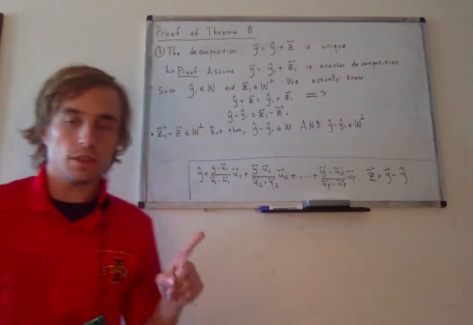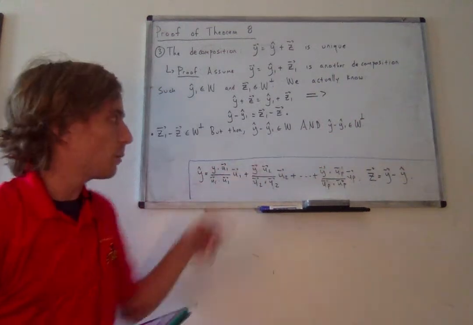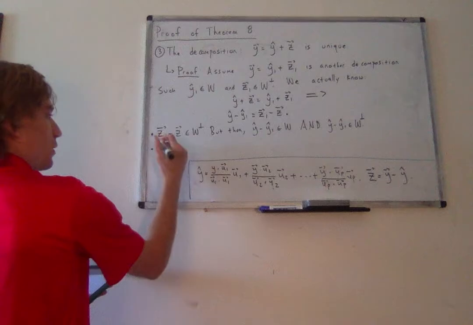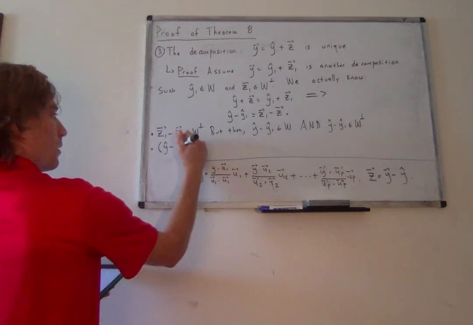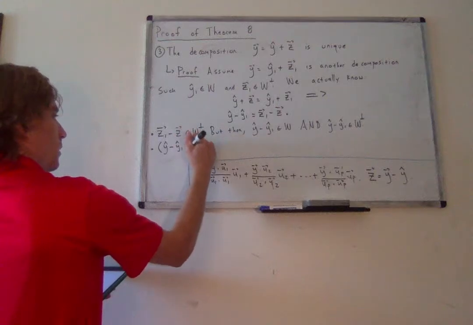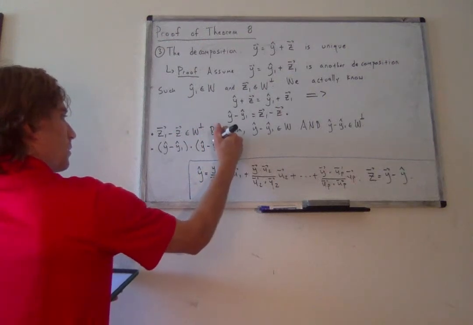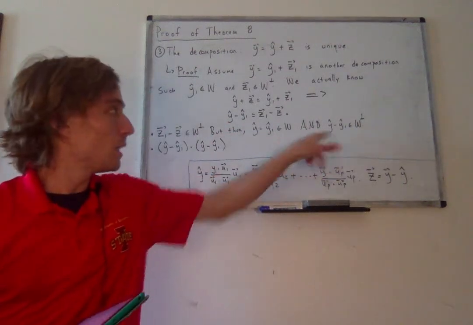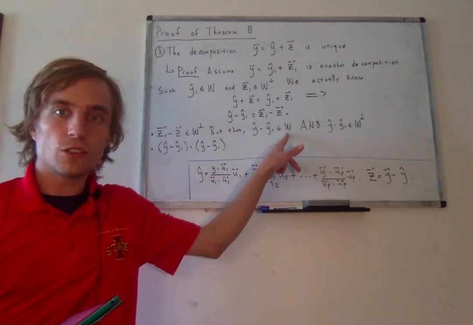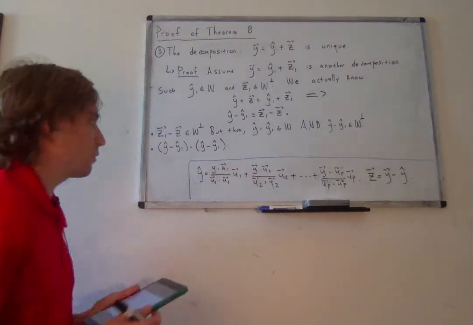But by definition, if this vector is in W perp and W, the dot product of this vector and itself must equal 0. Because the definition of being in W perp means you're orthogonal to every vector in W. But if you're also in W, then you have to be orthogonal with yourself.